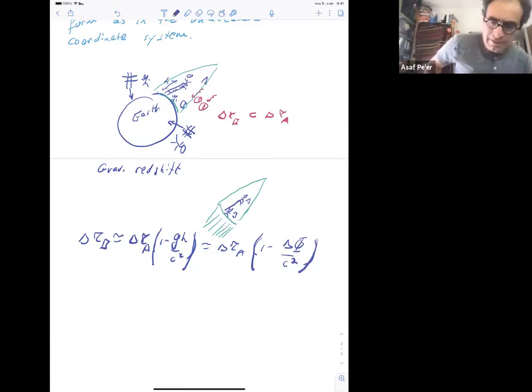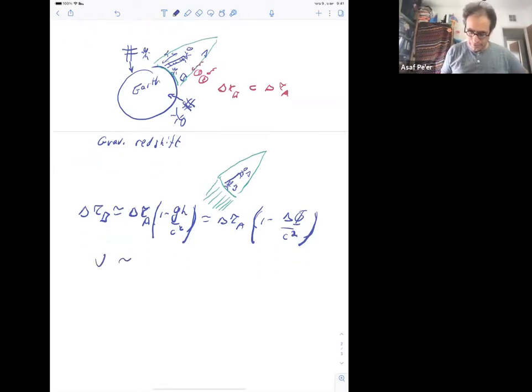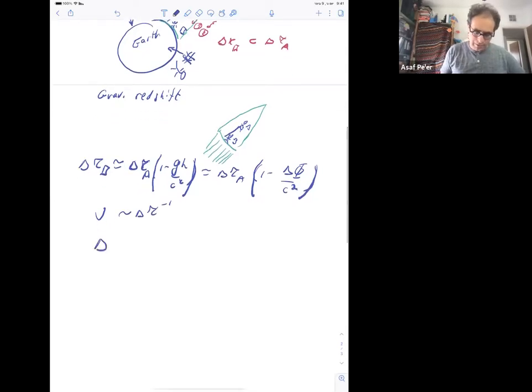this being reddened, right? Because the frequency that we're observing goes as delta tau to the minus 1, which means that nu at infinity is nu star times 1 minus GM over Rc squared.